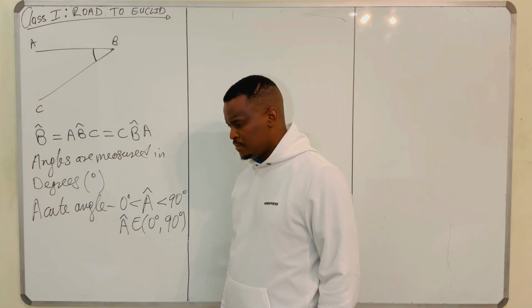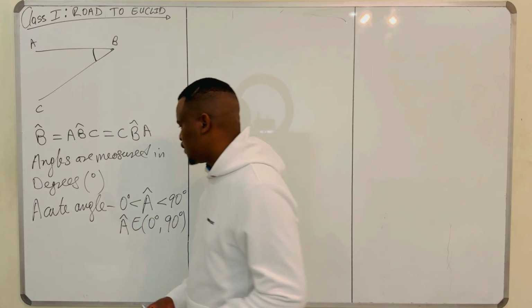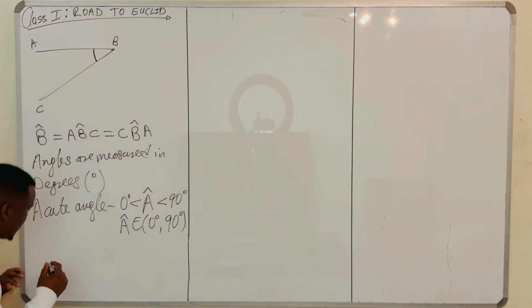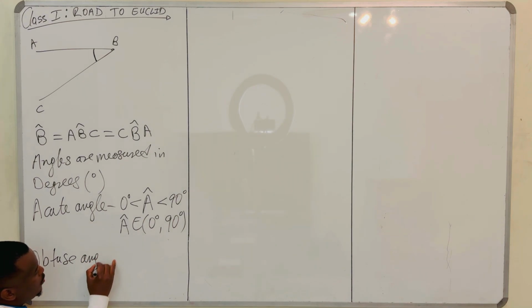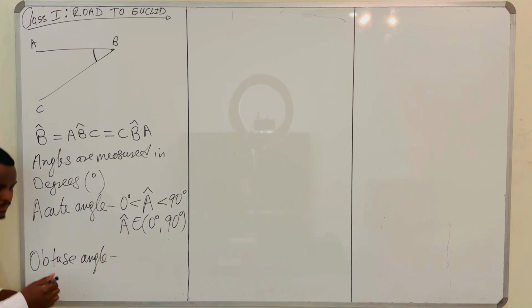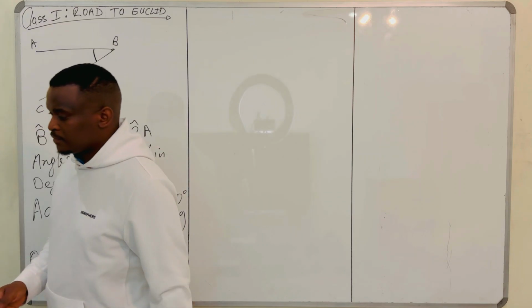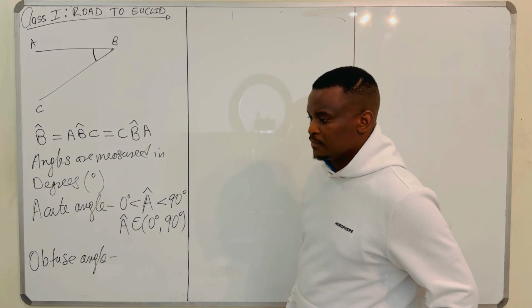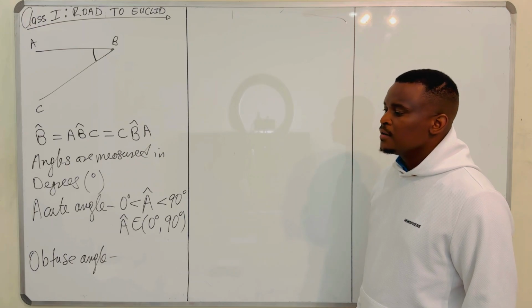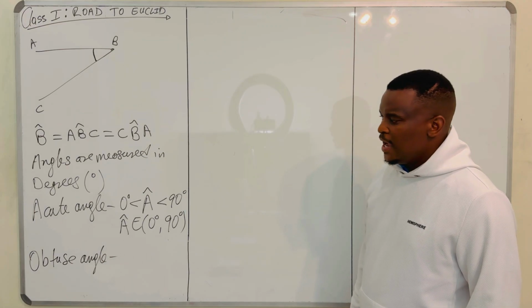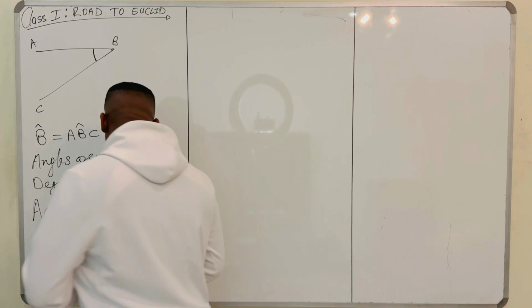Another angle? Obtuse angle. What is an obtuse angle? Does anyone know? Is there an angle that is greater than 90 but less than 180? Yes, an obtuse angle. Let's say obtuse angle.